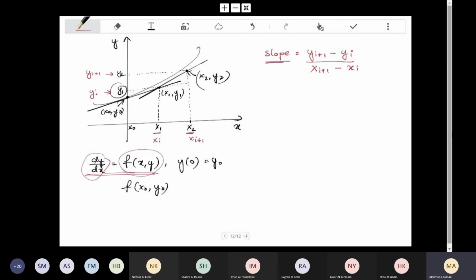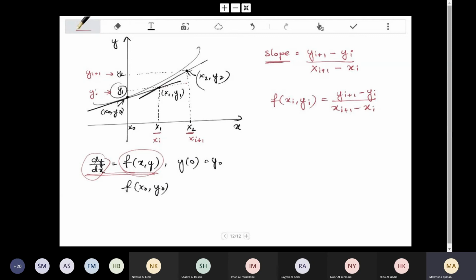So the slope can be replaced by f of xi comma yi. So we can say that f of xi, yi is equal to yi plus 1 minus yi, divided by xi plus 1 minus xi.